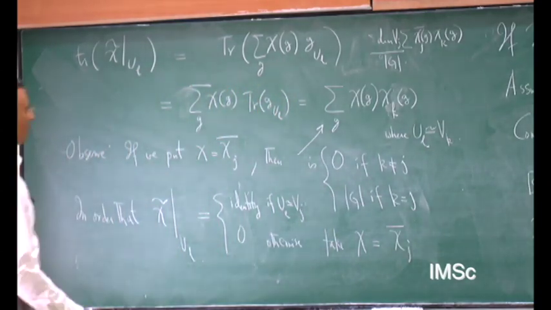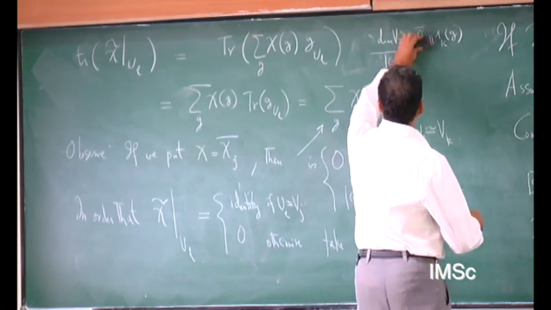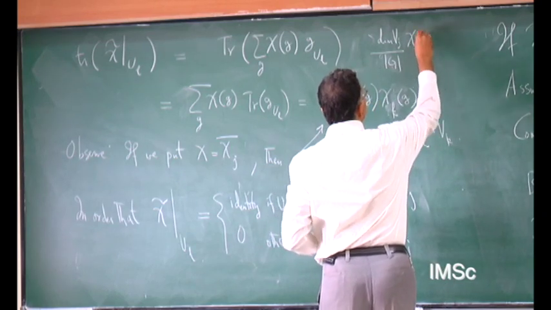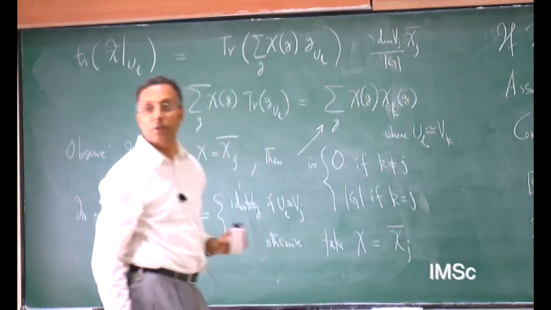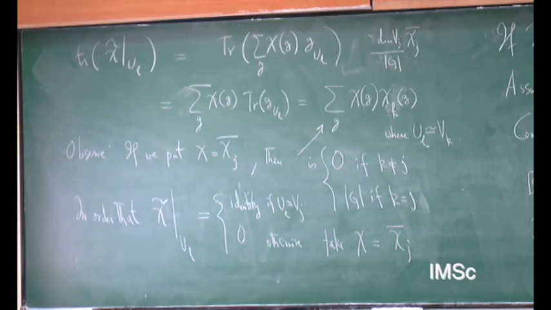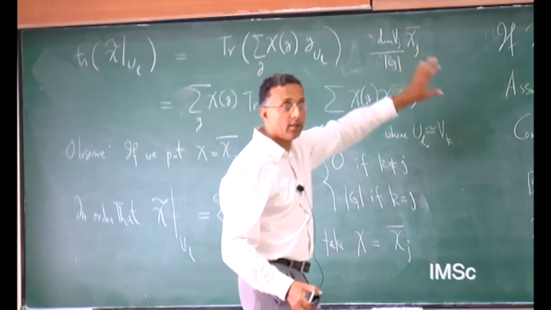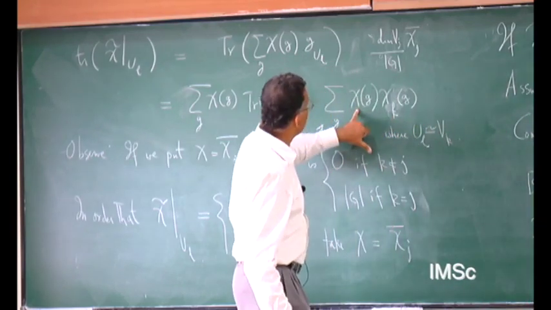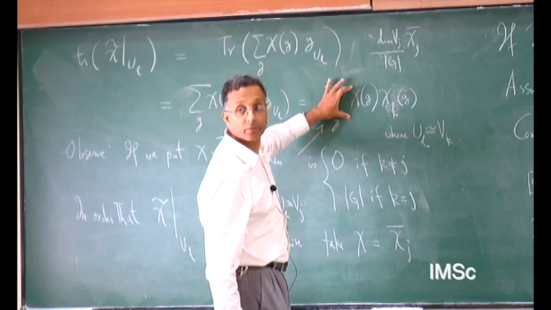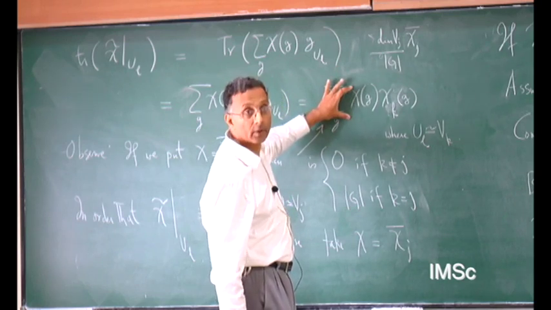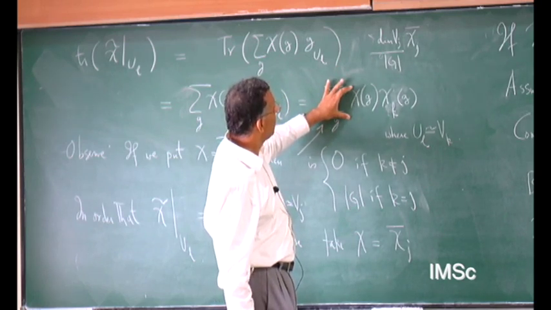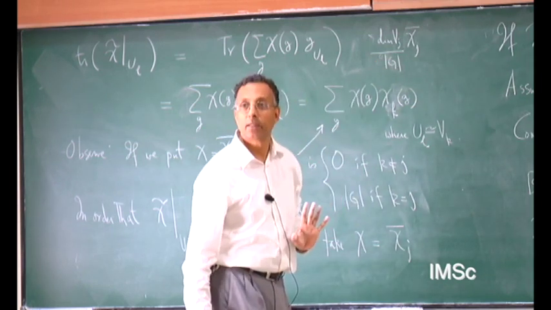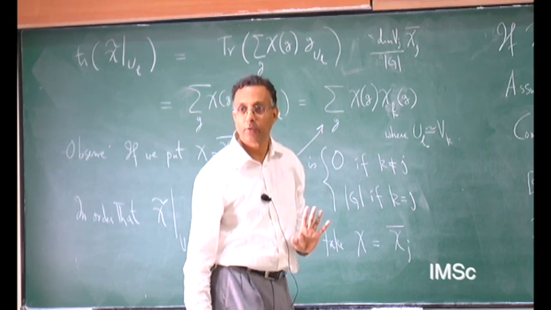This is my function. If I do the computation, I substitute this here and compute, then I get the dimension of Vj, which if I divide by the dimension of Vj, I do get 1 for the trace.